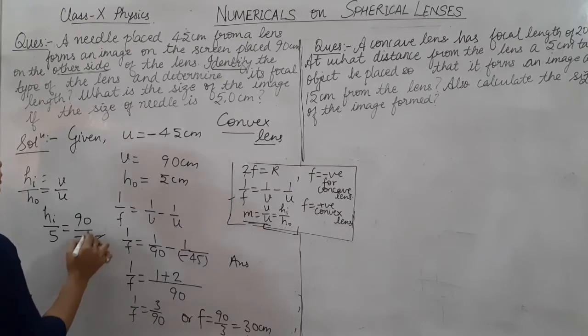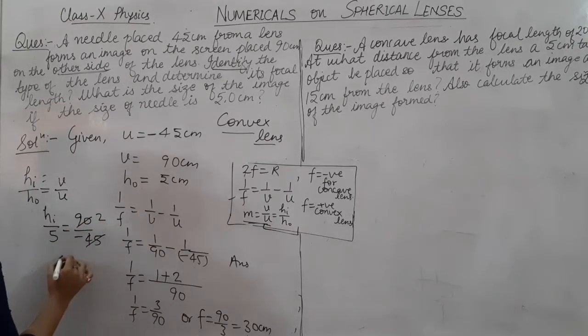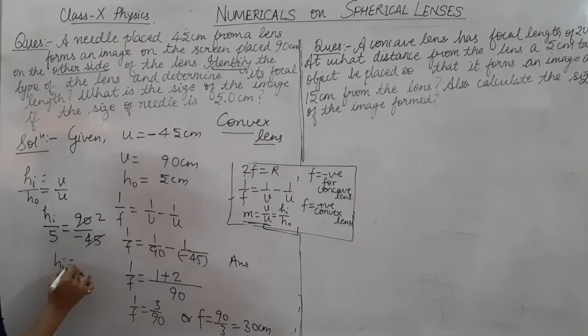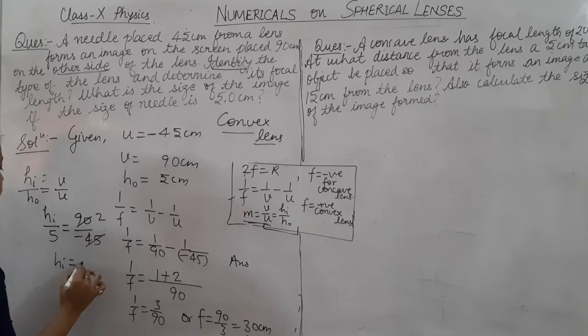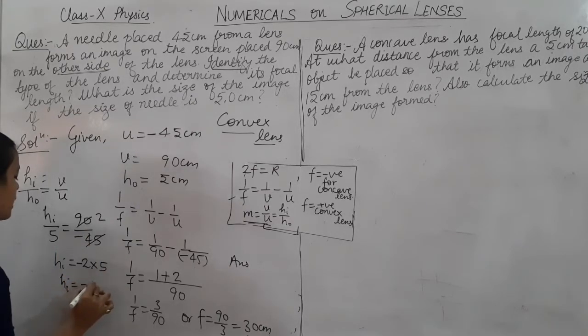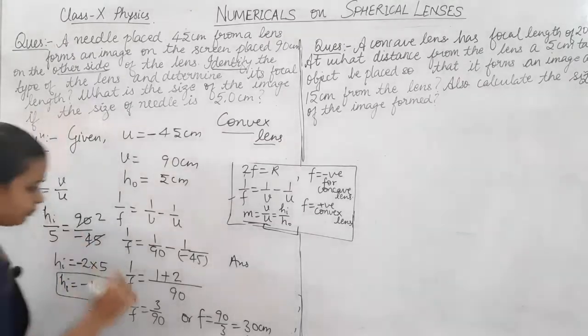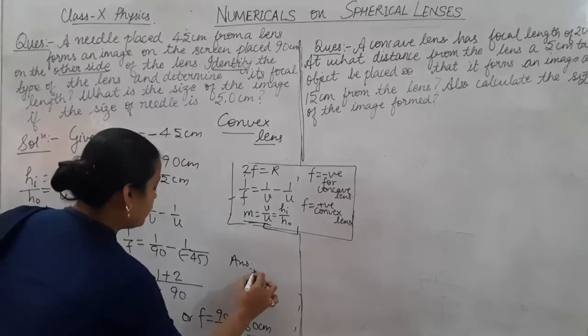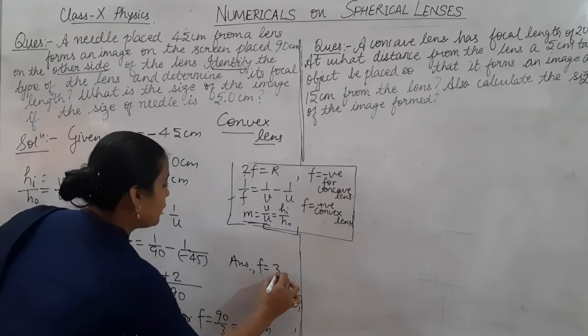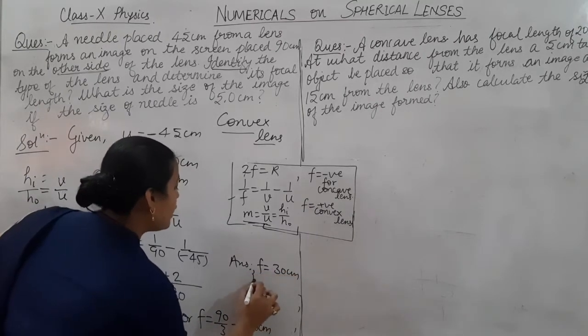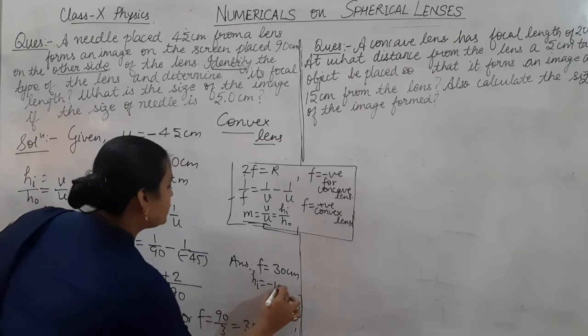With sign convention, it will be minus 2, and HI will be 2 into 5 with a minus sign, so HI will be minus 10. So the answers will be F is equal to plus 30 centimeter and HI will be minus 10 centimeter.